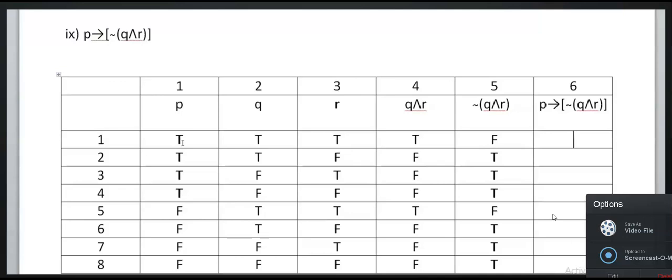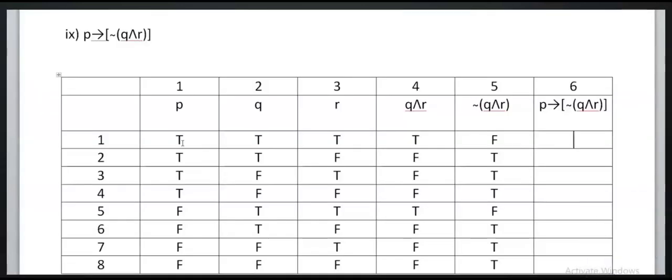If both of them are the same, then it is true, otherwise false. This you have to remember. First is T implies F, is F. Next is T implies T, is true. T implies T is true. F implies F, it is true. Both the same, so this is true.